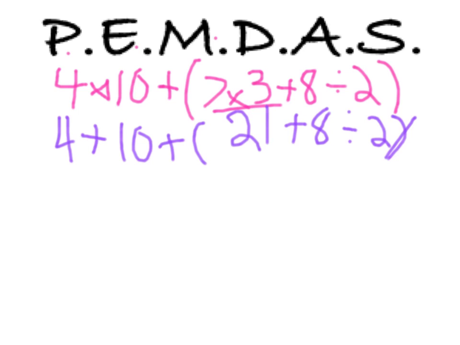Okay. So next, after multiplication, staying in parentheses, because we still have problems in parentheses, we go with division, because division is after multiplication. So we have 8 divided by 2.